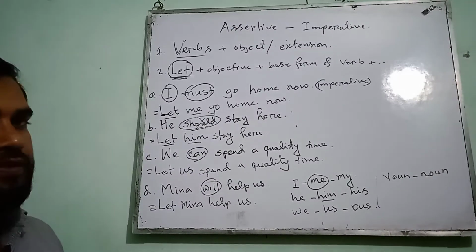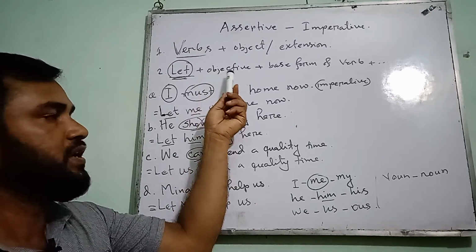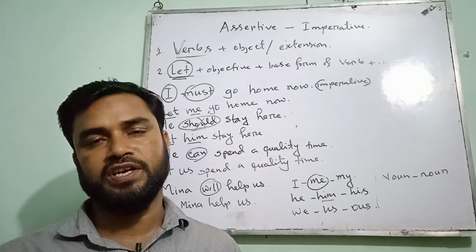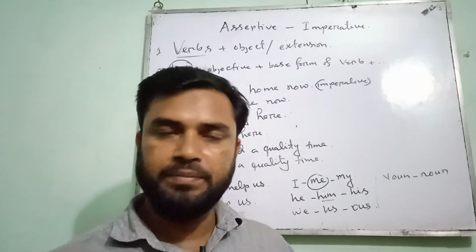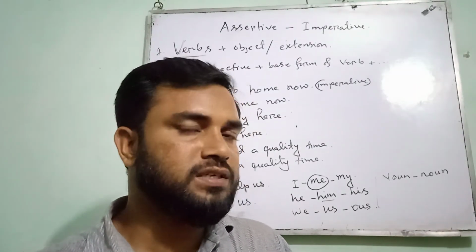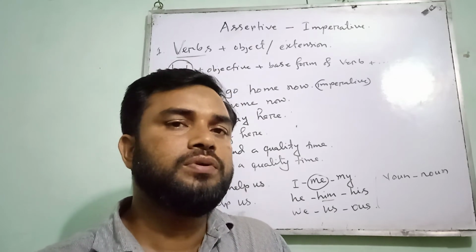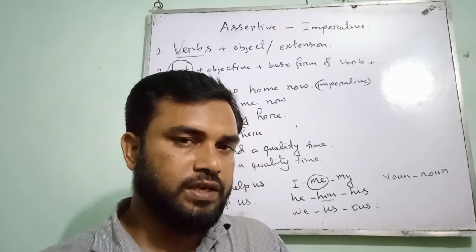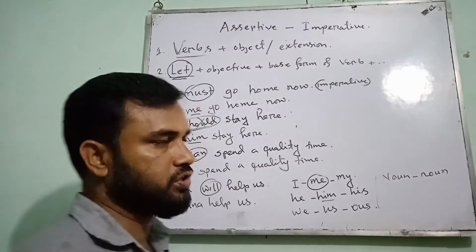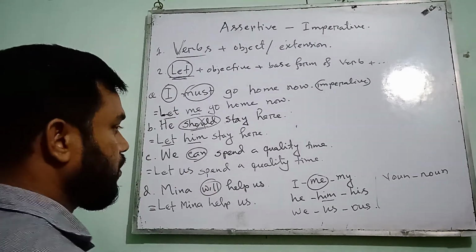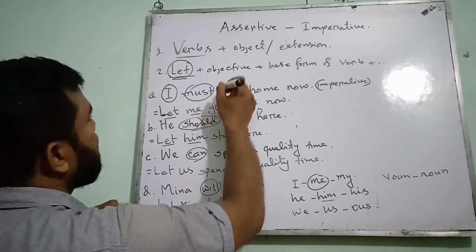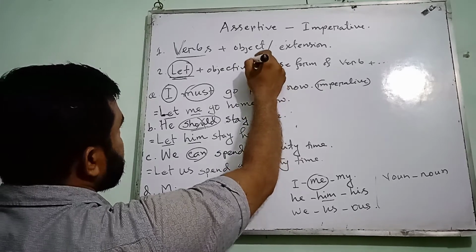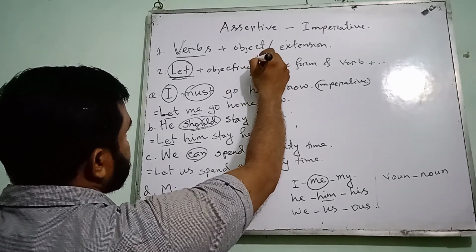And this structure is for the affirmative imperative sentence. And if we want to write negative imperative sentences, then we have to add "not" after the objective form here.